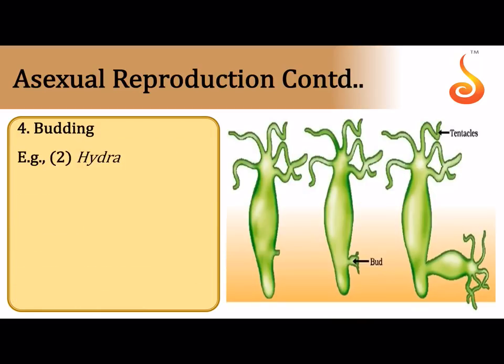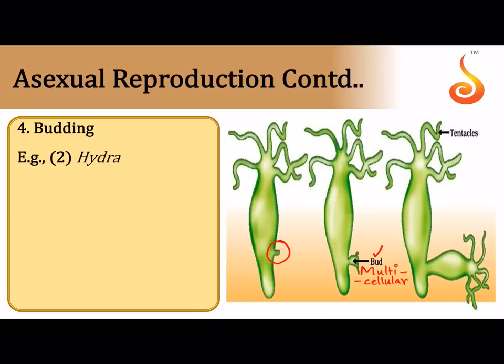Budding is also seen in hydra. How is it different from yeast? Here the bud that is formed is a multicellular structure. Because hydra is multicellular, it belongs to phylum Coelenterata. A small protrusion develops on the parent body and gradually it takes shape of a young organism.